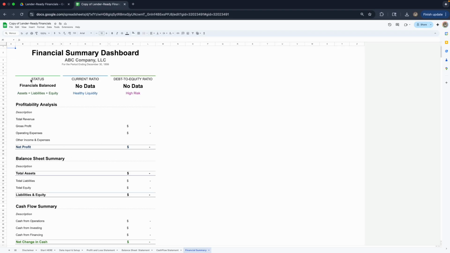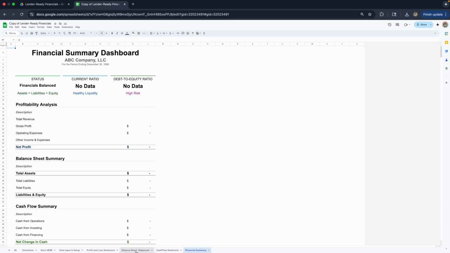Also right here in the status, it'll tell you if your financials are balanced or not. Basically this is checking if your assets equal your liabilities and equity, but because we have no data right now, it's saying it's balanced because zero does equal zero.